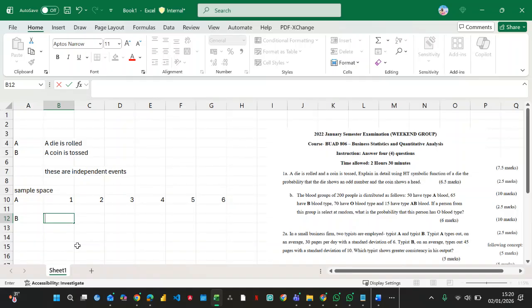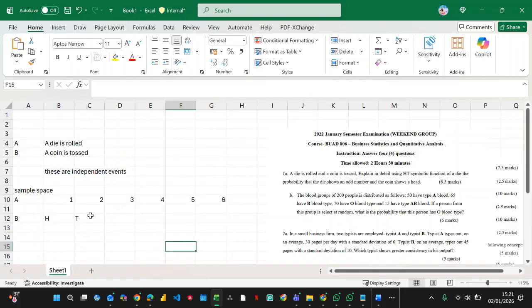So for event B, we can either have a head or a tail. So this is one, one, one.